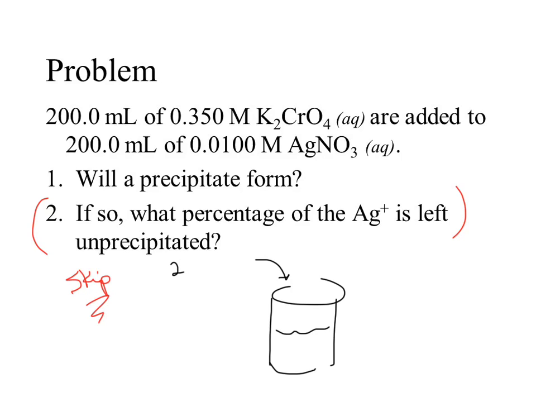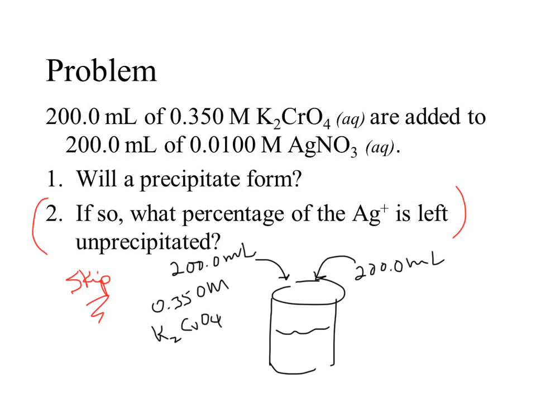We're going to do 200 milliliters of 0.350 molar K2CrO4 potassium chromate, and then we're going to dump a similar amount, 200.0 milliliters of 0.0100 molar AgNO3. And do you buy this? That once we dump those, our total volume is going to be 400. Does that make sense after we dump them together?